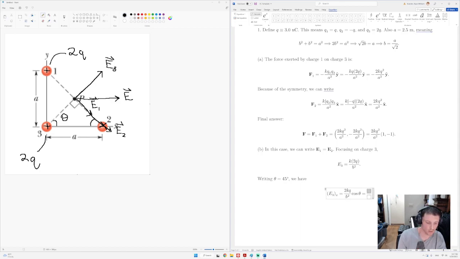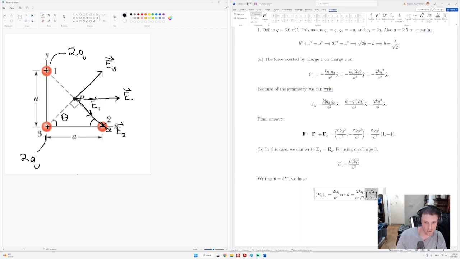So this is going to be 2kq over, and let's plug in what b squared is. b squared is a squared over 2. And then that looks kind of gross, so let me fix it. Cosine of 45 degrees we said was square root of 2 over 2. I'm very careful here because I'm so bad at fractions over fractions, so let me make this easy for me to understand.